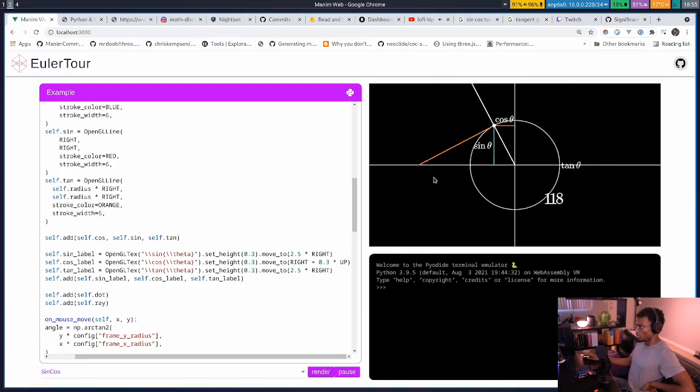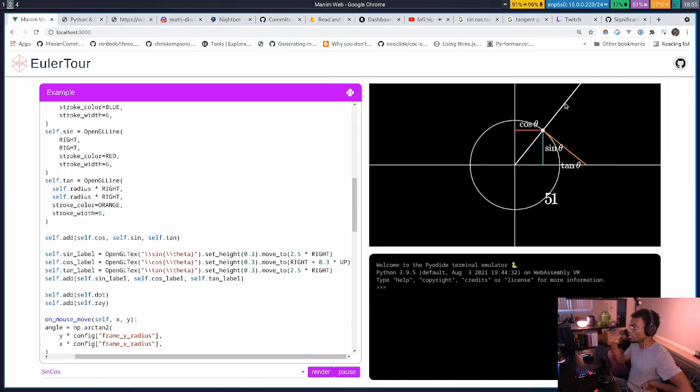So now, what I'll probably want to do is get the midpoint of that tangent curve and put the tangent label there. Although the performance of this is pretty noticeably slower at this point.